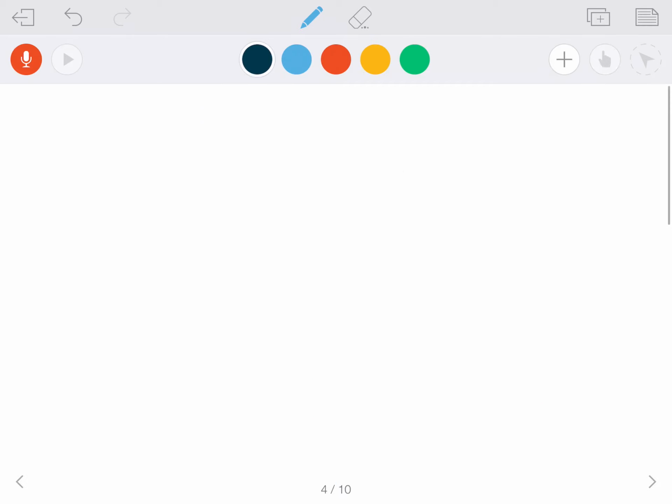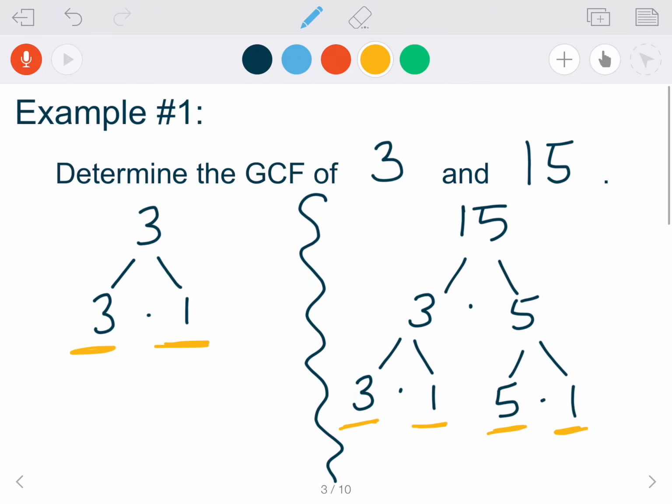So, let's start a blank page here. I'm going to write the numbers 3 and 15 using only the prime factorization that we found on the previous page. So let's look at 3 first. The prime factors of 3 are 3 and 1.